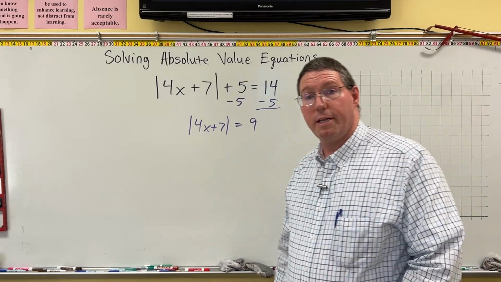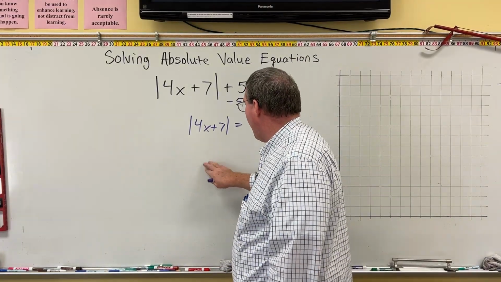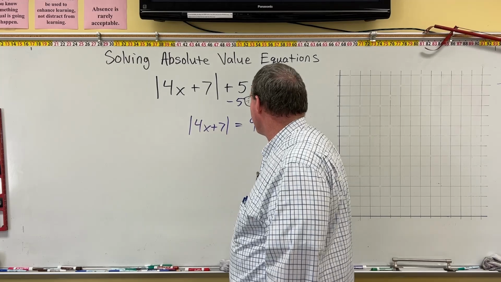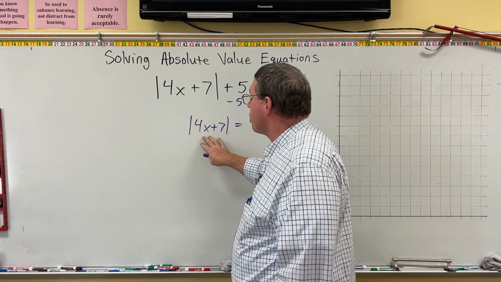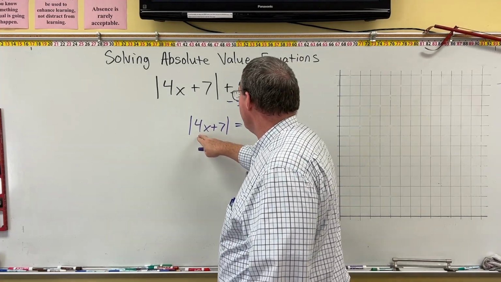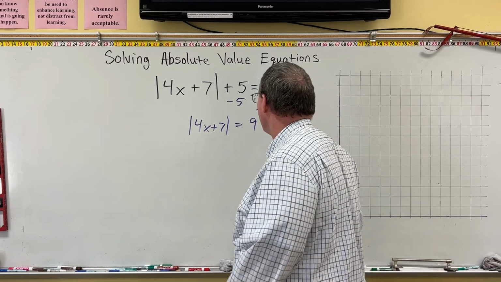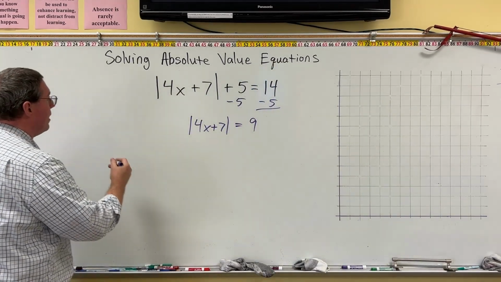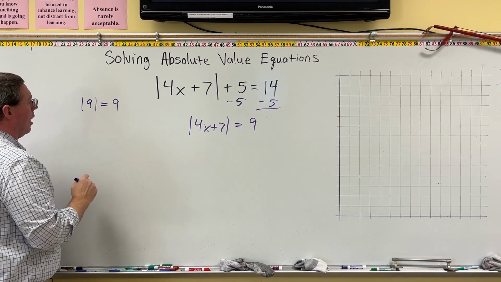We can now continue. So this is where it becomes a little weird. Most absolute value solutions have to be split up into two parts. See, what this is saying is that the absolute value of 4x plus 7 is equal to positive 9. Well, I want to remind you that we could get a 9 if we had the absolute value of 9. That would be equal to 9.